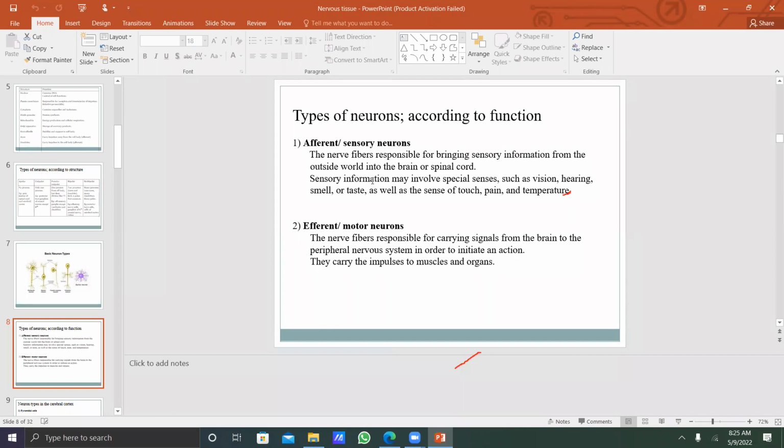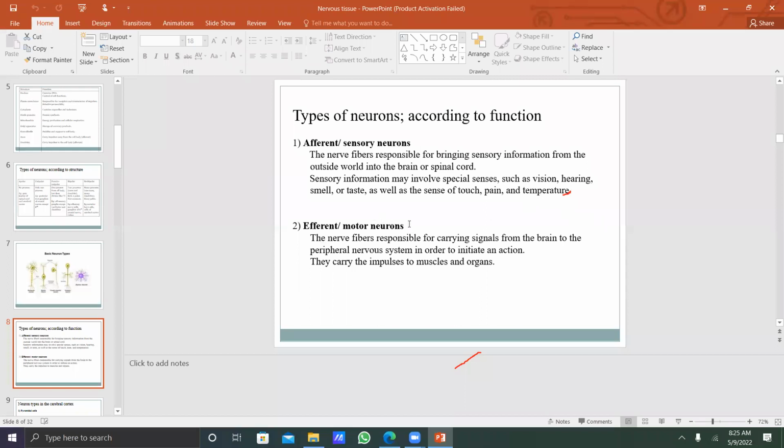They receive sensory signals from the outside world, grasp them and bring them to the brain or the spinal cord. This sensory information involves special senses such as vision, hearing, touch, temperature, smell, taste, and those things.